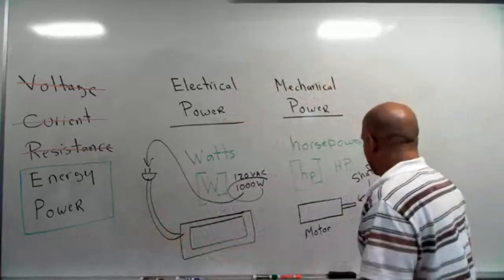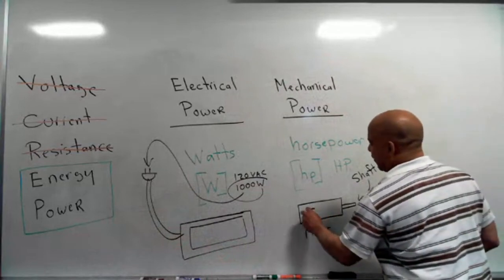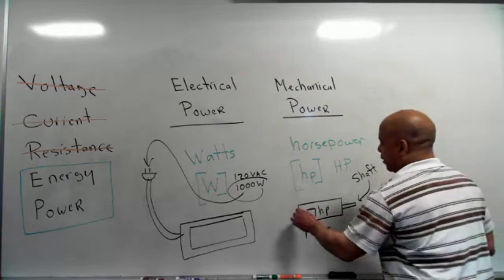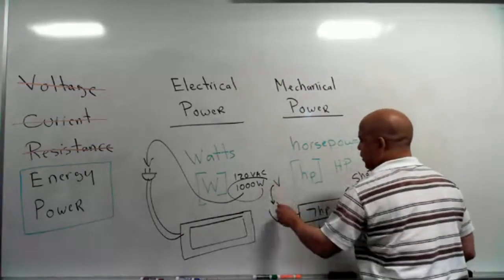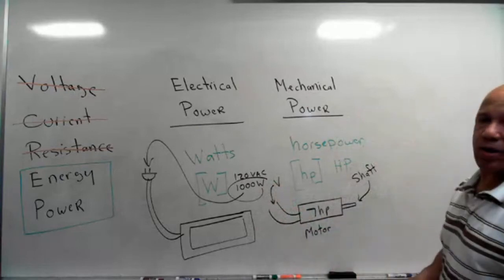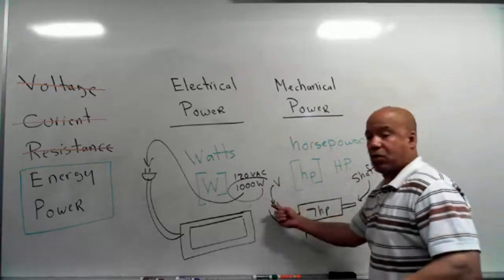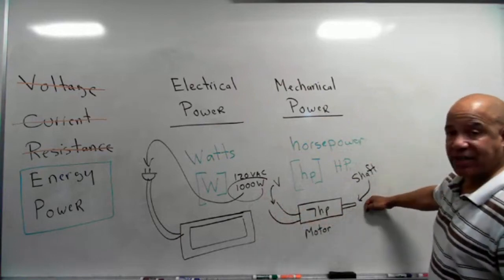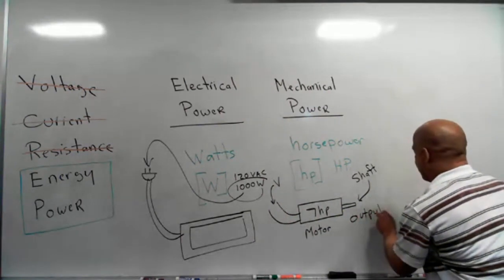I've got a motor, it's spinning, and it's a 7 horsepower motor. If it's a 7 horsepower motor, it's an electric motor, hooked up so voltage and current are connected to the wires over here. It's not 7 horsepower going in. It's 7 horsepower available at the shaft, and the shaft is the output. So this is the output power.